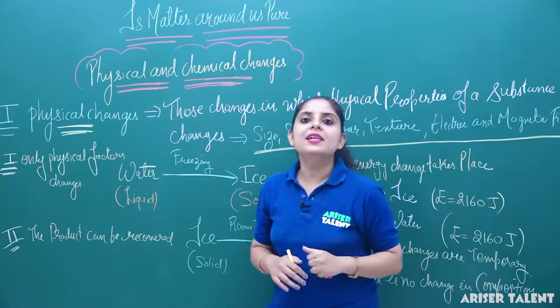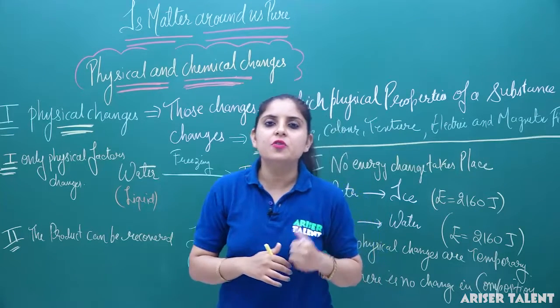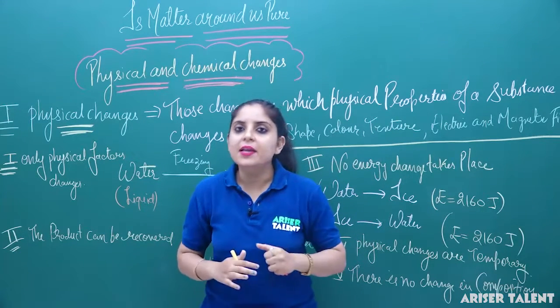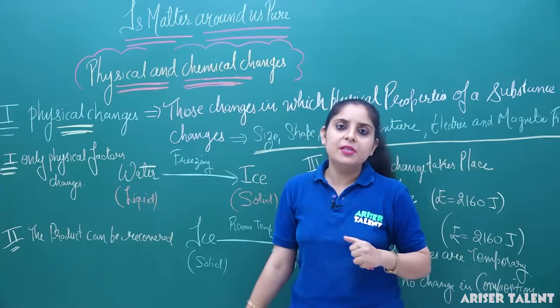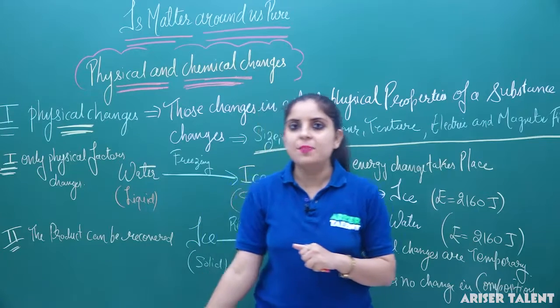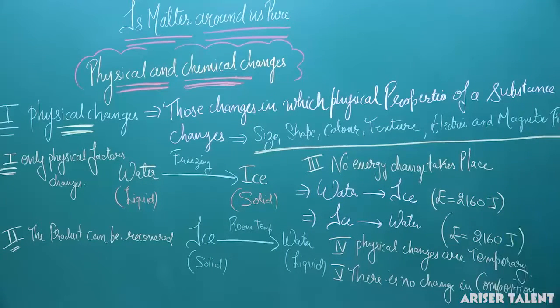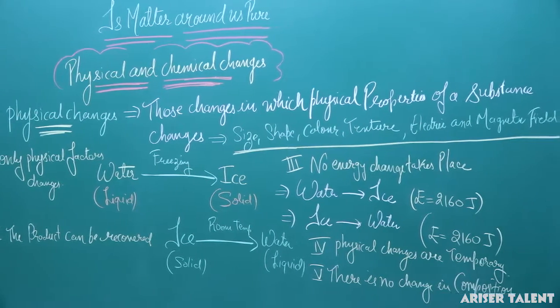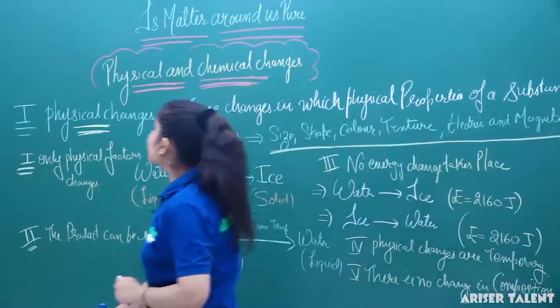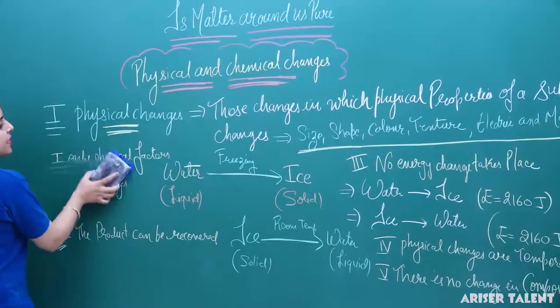Now the physical changes taking place in our nature are not a single one. We have a lot of examples from morning till night. Clear? So let's see what are the other examples you can find in nature about the physical changes. But before that, just copy this part from here. So now the next thing is about more examples of physical changes.